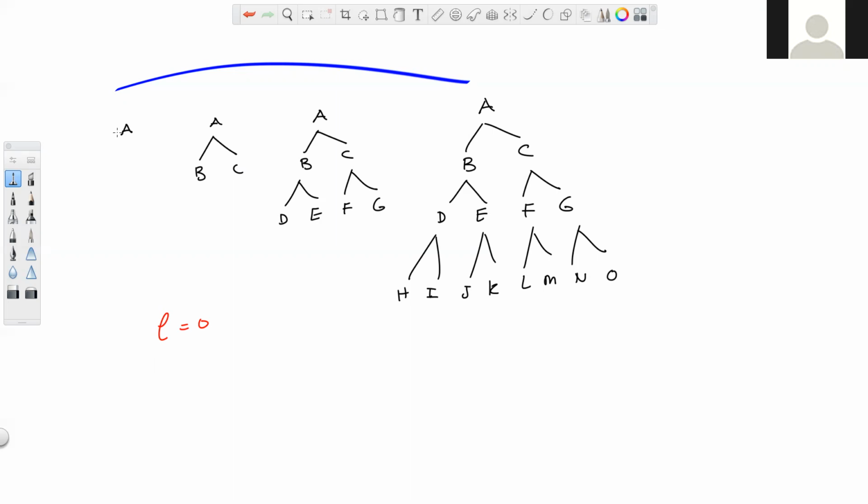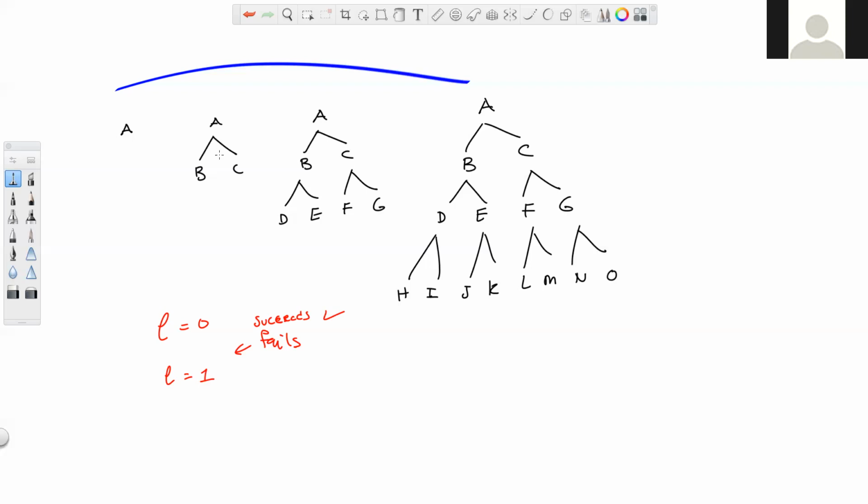Now that's not correct by itself. If this succeeds, I'm good. If it fails, I go and cut off at 1. What does it mean to cut off at 1?